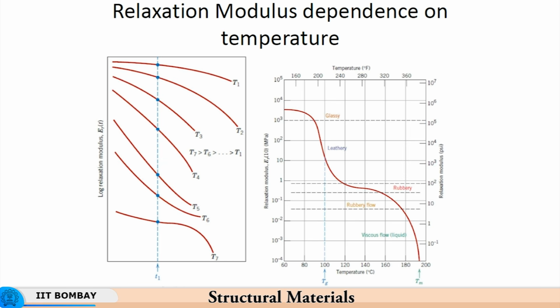So the viscoelastic state is found in the rubbery structure, and in a glassy state it is perfectly hard. It follows Hooke's law, and once the temperature rises above the glass transition temperature, you see a sudden drop in the modulus of the material.